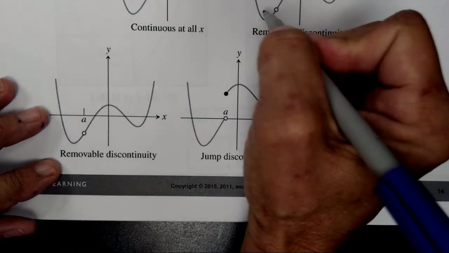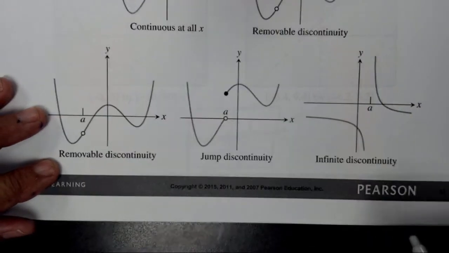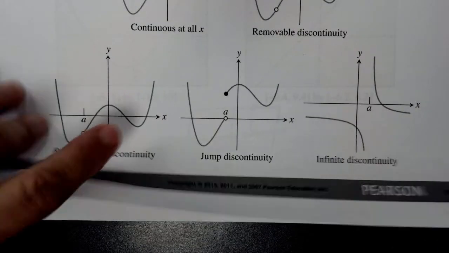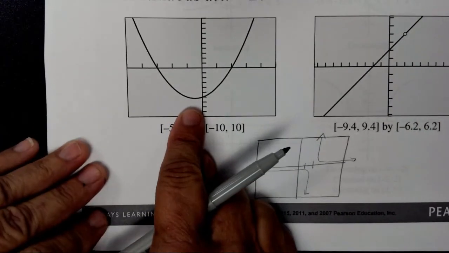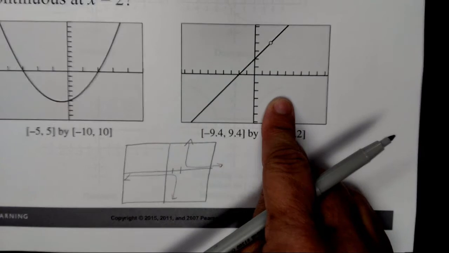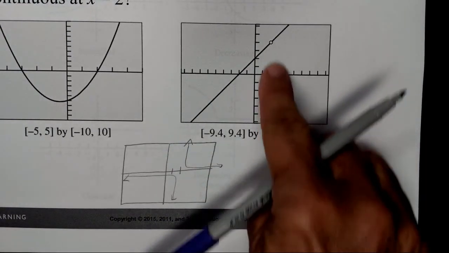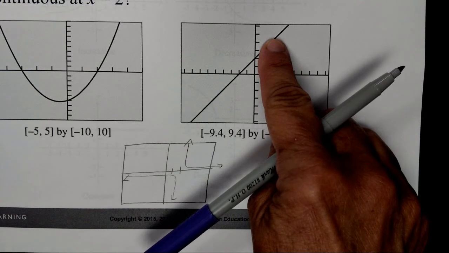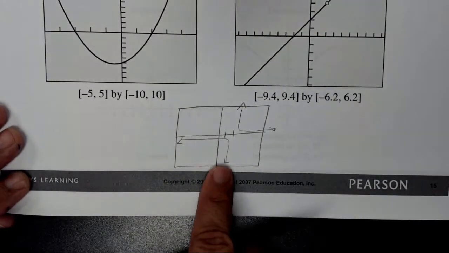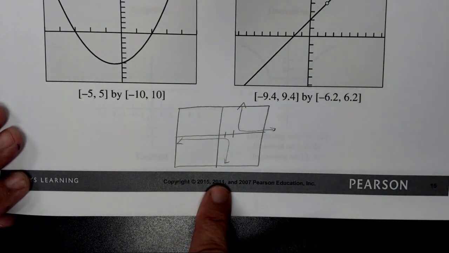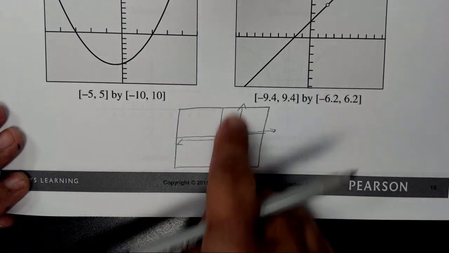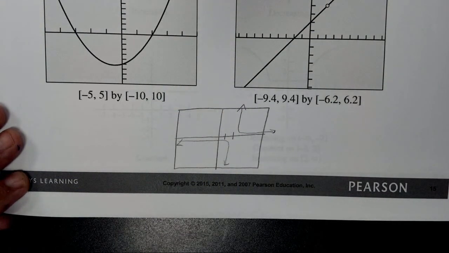Not a hole. We have an asymptote. Okay? So this graph would be continuous. This graph would have removable discontinuity at x equals 2. This graph would have infinite discontinuity when x equals 2. Everybody okay with that?